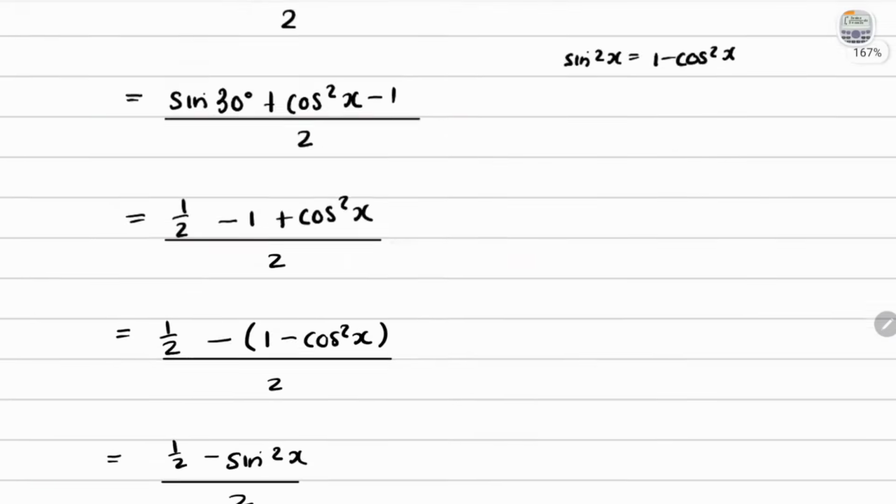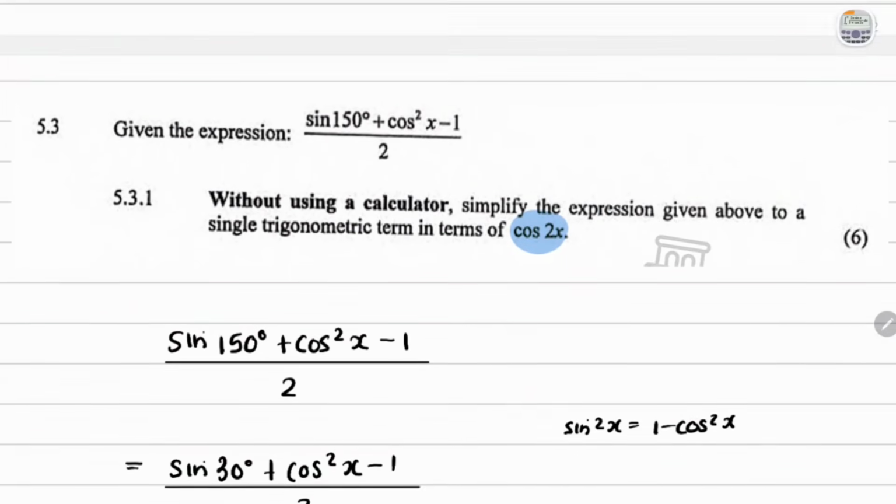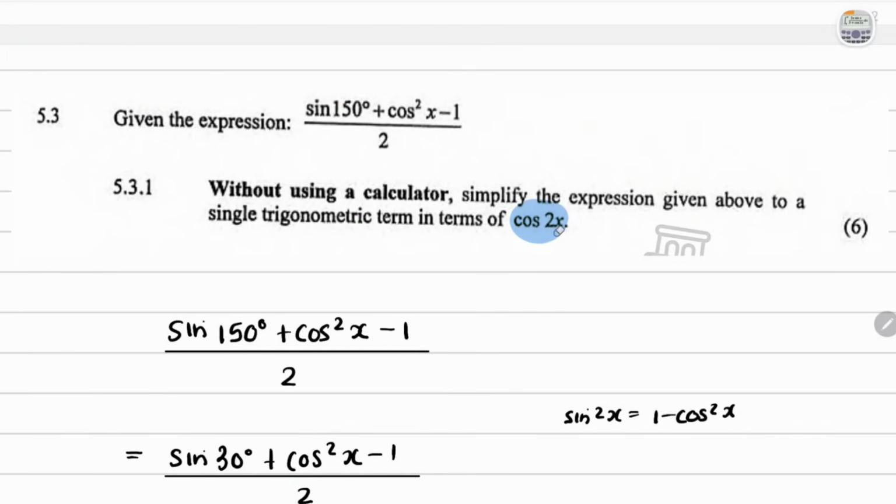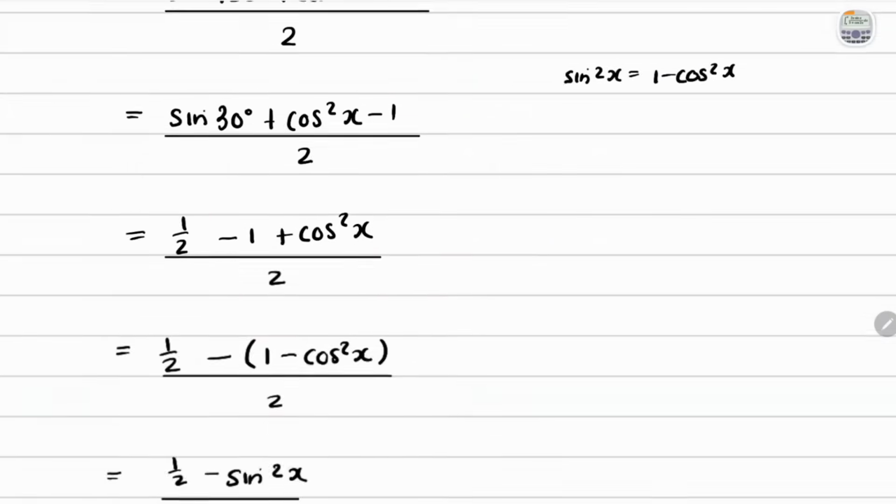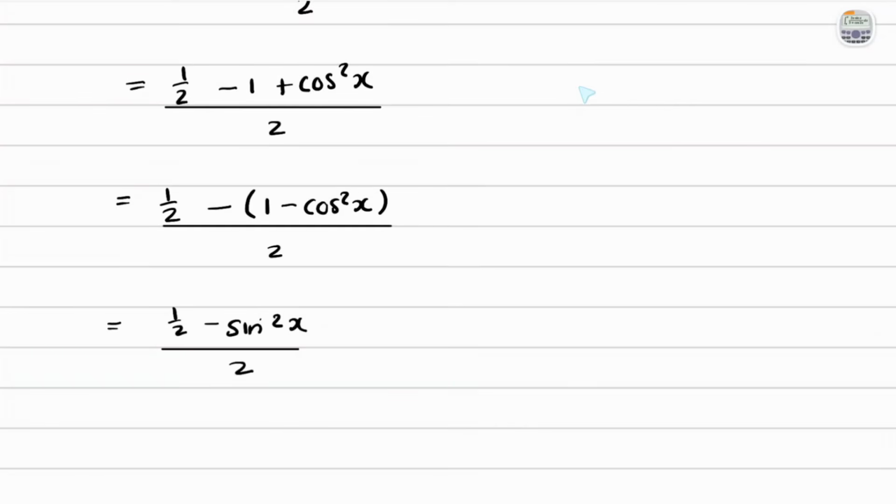But now we need to remember that we need to simplify this in a way that it is in terms of cos 2x. Well, for us to include cos 2x, you're going to have to think about what cos 2x is equal to. See, cos 2x is equal to various things. It's a double angle, and so you have your double angle formulas in your formula sheet. So it's equal to these three things.